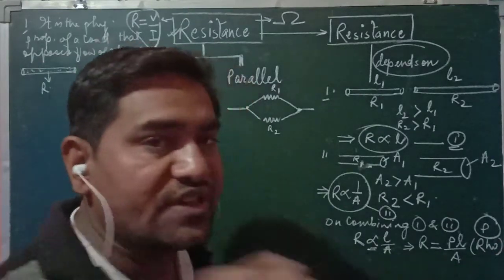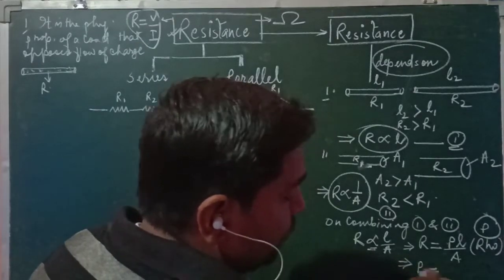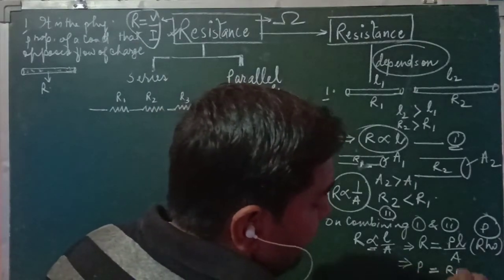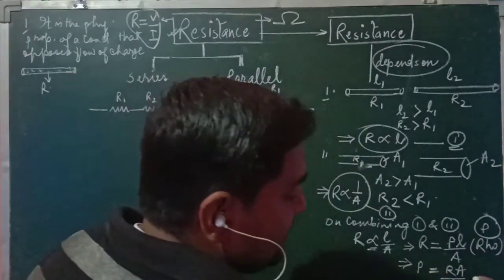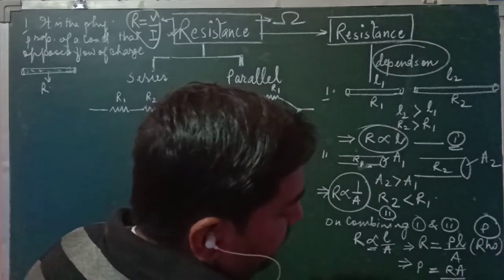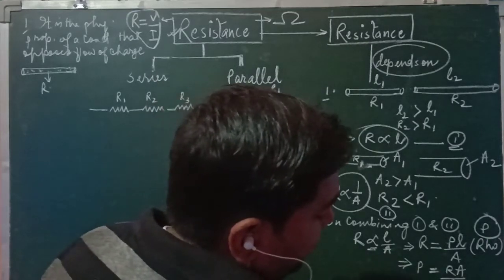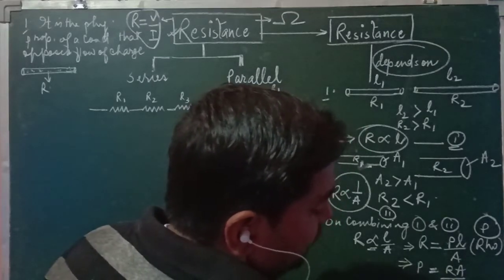So rho is the constant of proportionality. When you will cross multiply, rho will be RA upon L, where R is the resistance. So 1 rho equals 1 ohm into area is measured in meter square and length is also in meter.